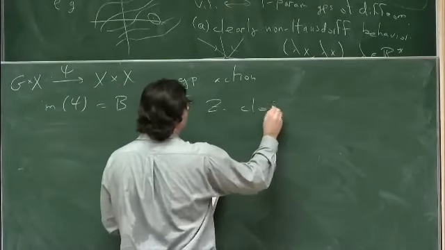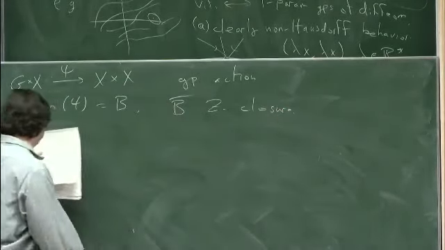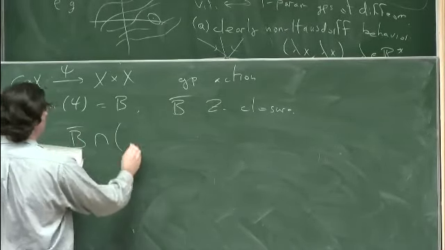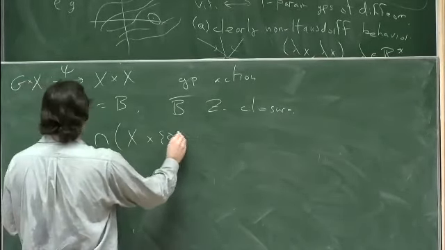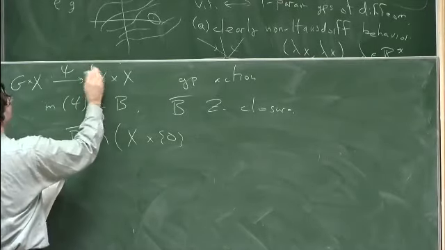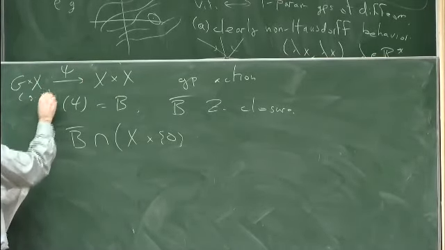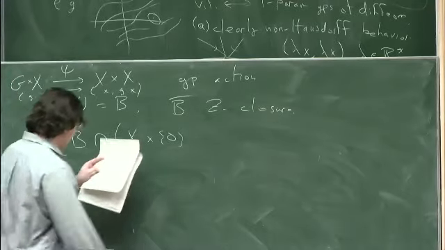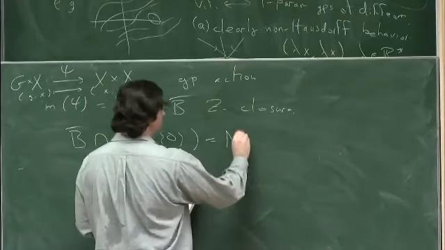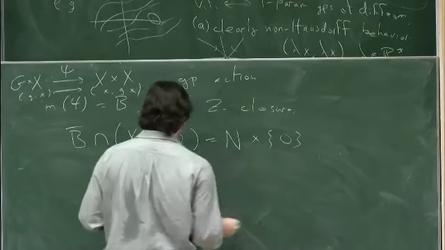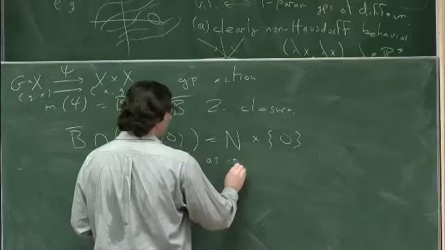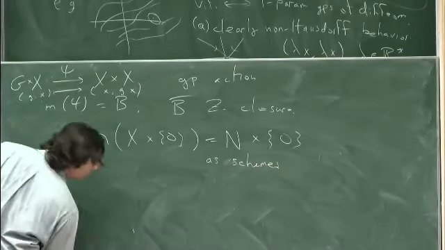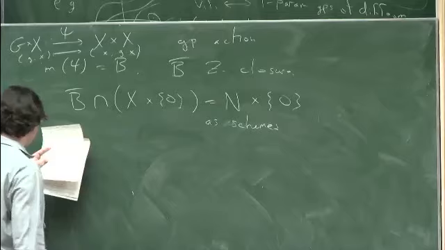And we'll say that B bar, Zariski closure, is, on the geometric side, oh, I should say what this is. This is so (g, x) is sent to x, right? Is equal to the null cone as schemes. And ideal theoretically, you actually recover the ideal of invariants in this way.